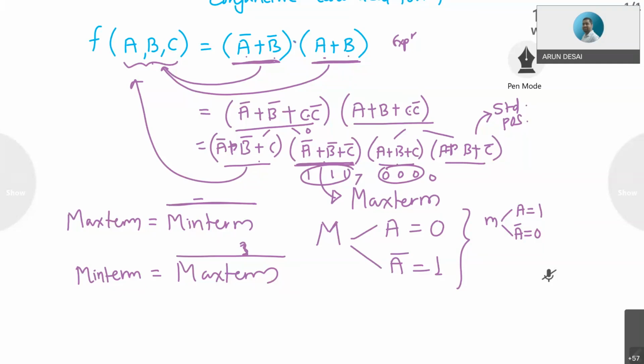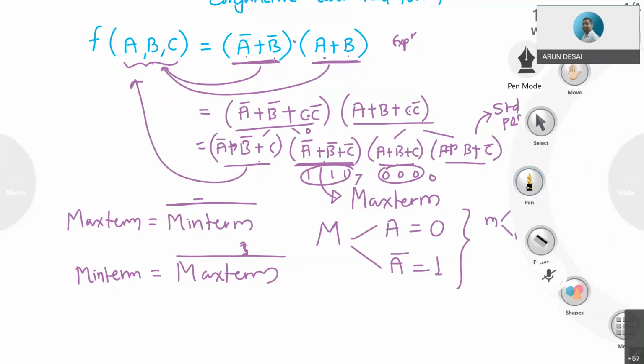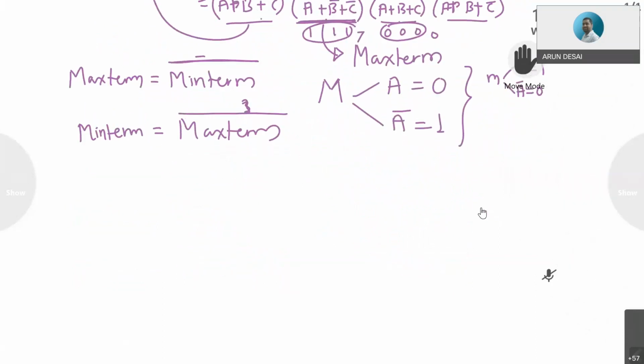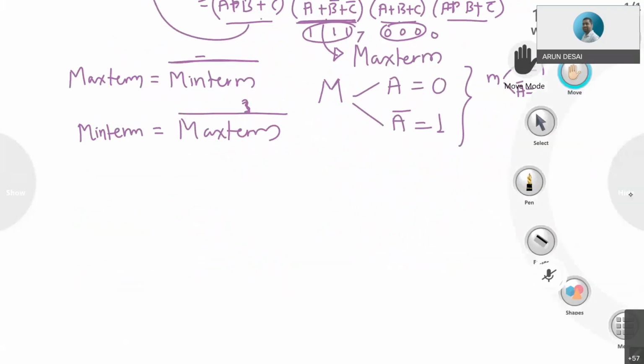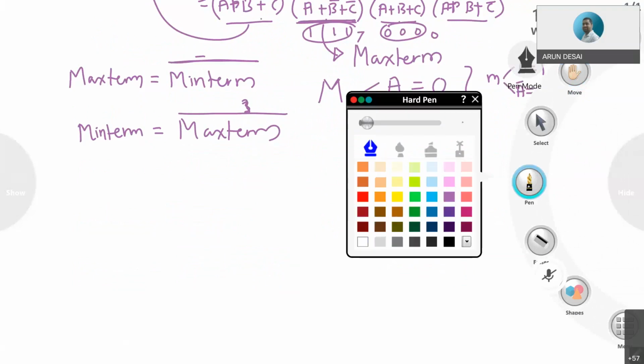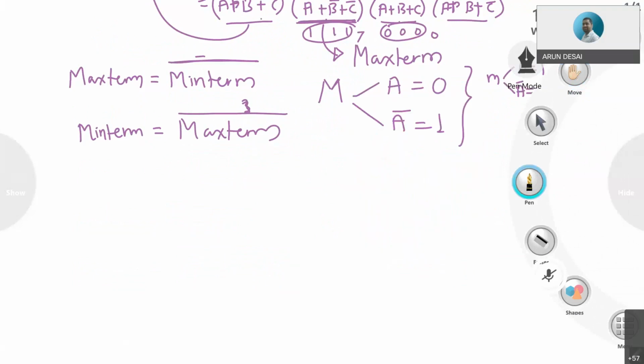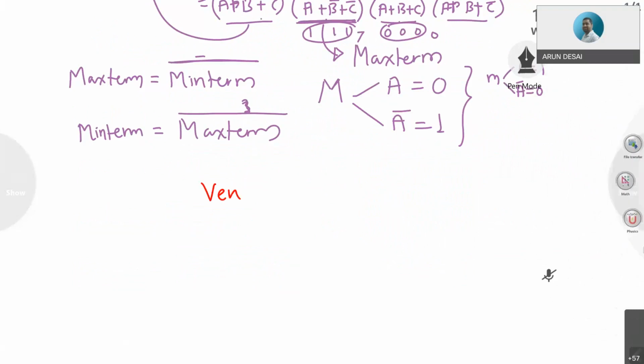Now, there are 2 or 3 different methods which are present. I'll give you just the name for that; as and when it is in your syllabus, we will cover those points. So this is how the representation works. Then the next method is the Venn diagram, which you already went through in first year.